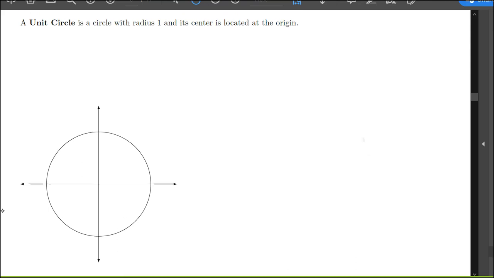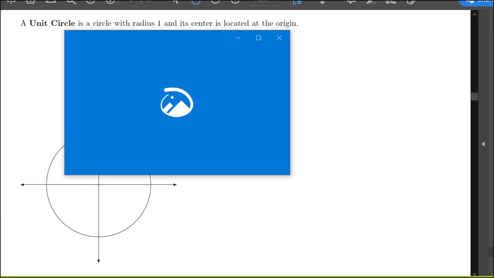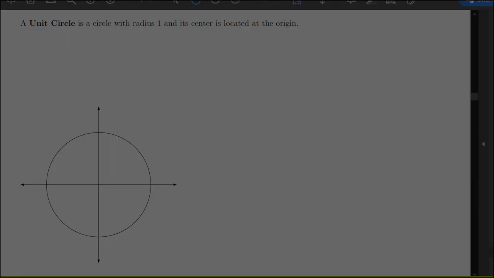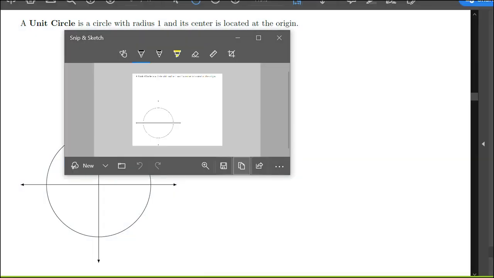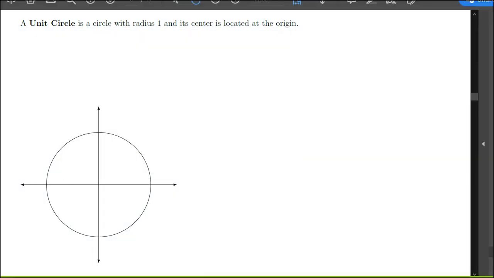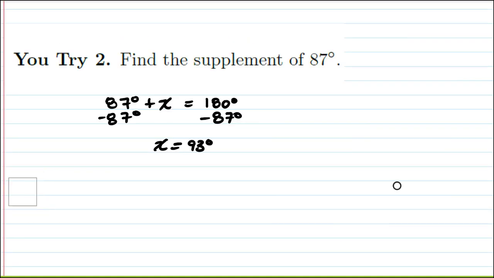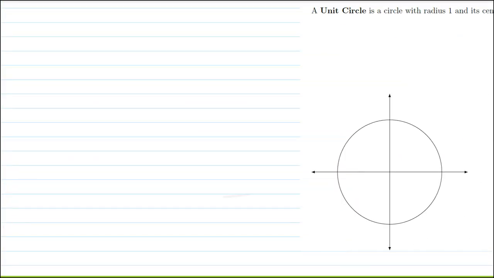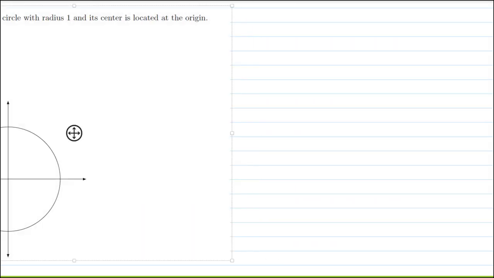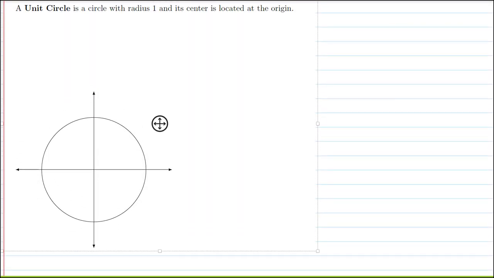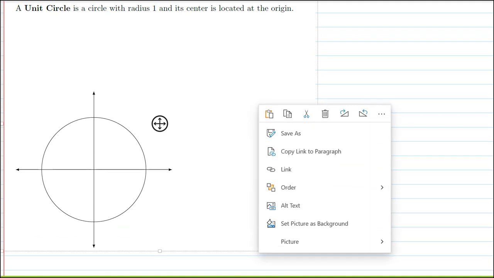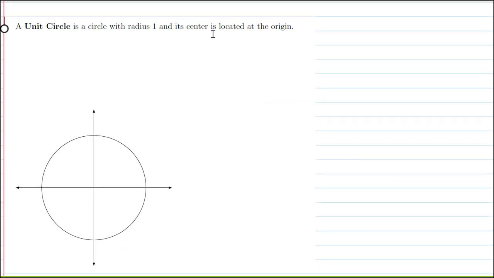All right, so our next definition, and we're going to get a lot of use out of this guy, is what is called a unit circle. So a unit circle is a circle with radius 1 whose center is at the origin.